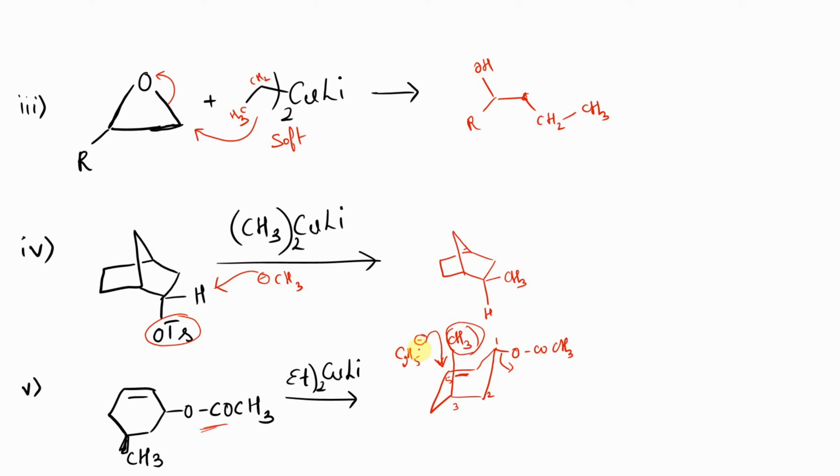Therefore this C2H5 group will be attacking from the equatorial position. So if it attacks from the equatorial position, that means it should be opposite in bond direction.